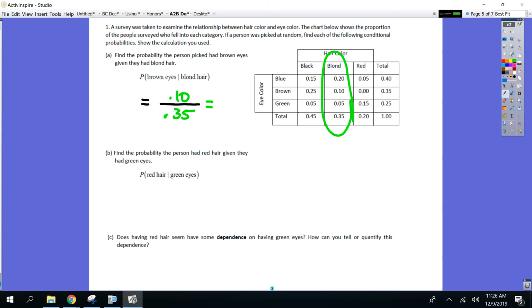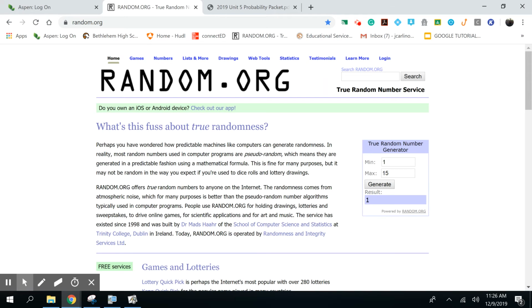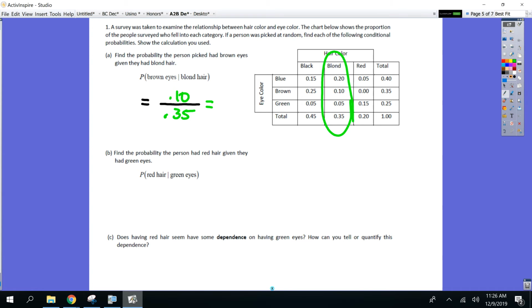Leave it as a fraction if you can for me. And what do we end up with as a fraction for that one? Two out of 7.